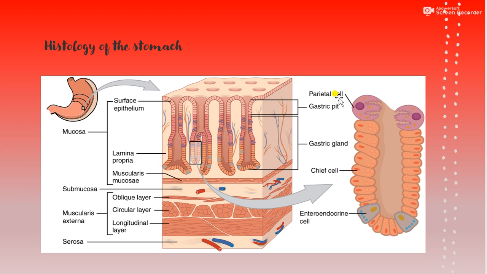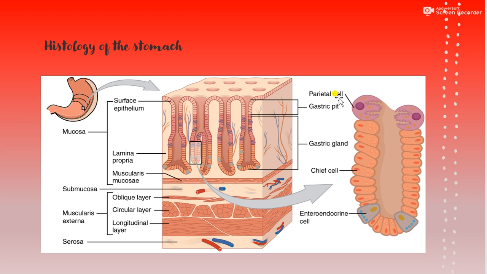These relatively large cells produce both hydrochloric acid, that is HCl, and intrinsic factor, and this HCl is responsible for the high acidity, that is pH 1.5 to 3.5, of the stomach content, and is needed to activate the protein digestive enzyme.